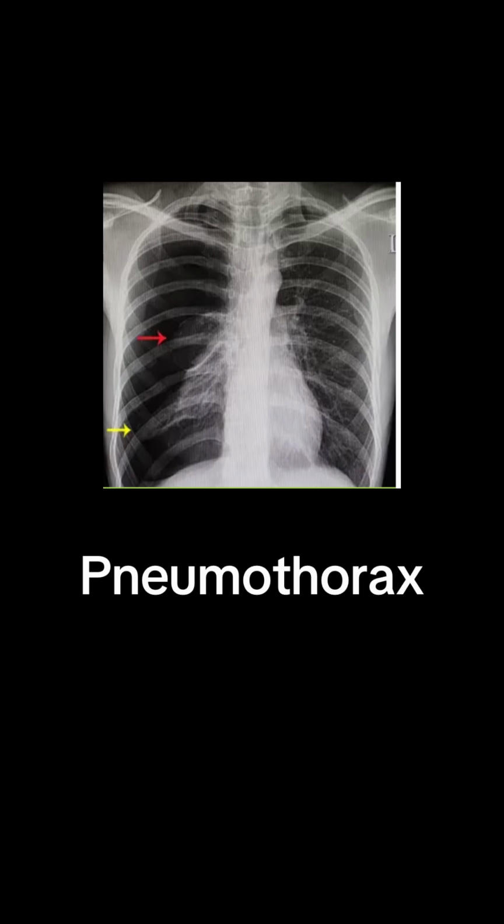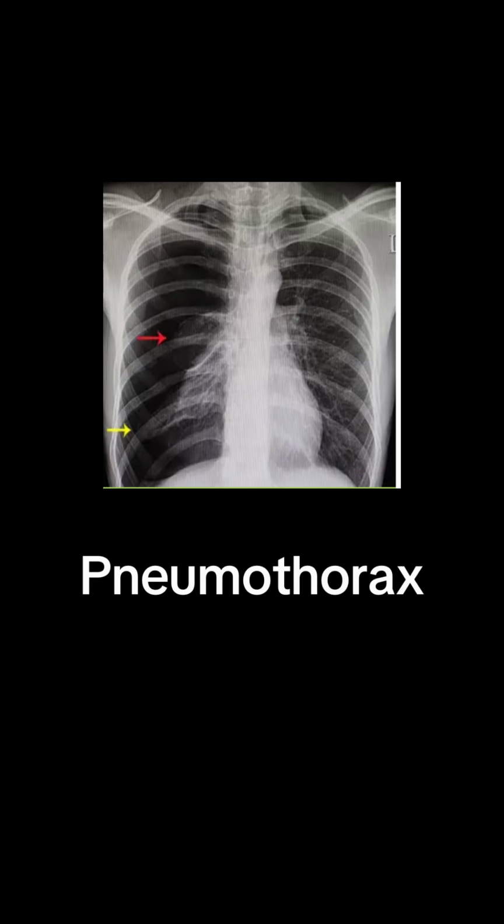Then he had hypotension and his jugular veins were distended. So they asked what is the best next step in management for such a patient. Now, with tension pneumothorax, how are we going to treat it?